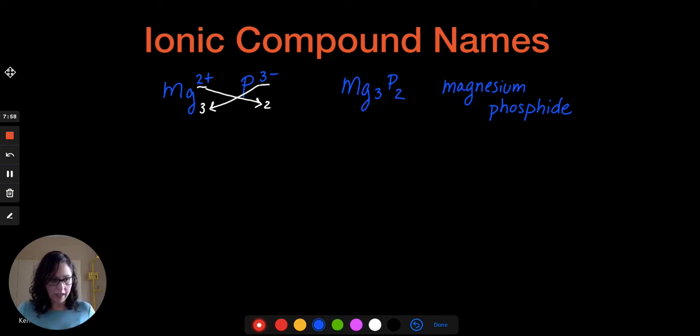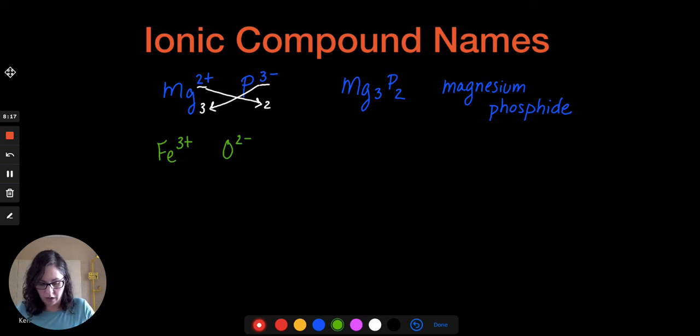Let's go ahead and take a look at one that's going to use iron. Okay, so let's do iron as a 3+ charge, and oxygen, oxide, right? As soon as it's an ion, it's oxide, as a 2- charge.